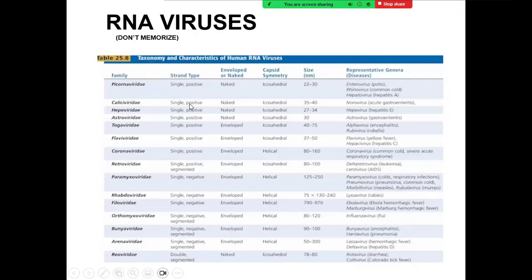The positive strand can be read by the ribosomes. It'll have AUG on it. The negative strand cannot be read by the ribosome, and it does not have AUG on it. It would have the corollary to that, which would be UAC. Don't need to know about that.